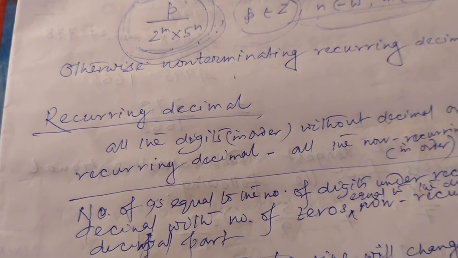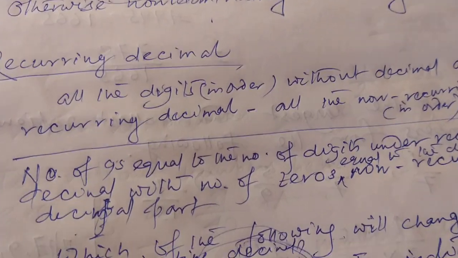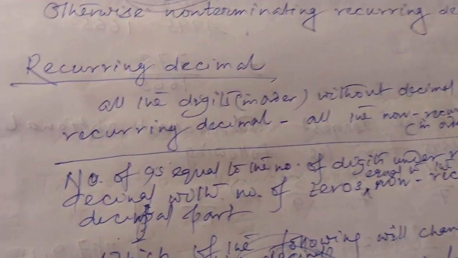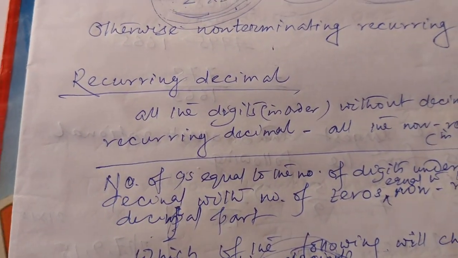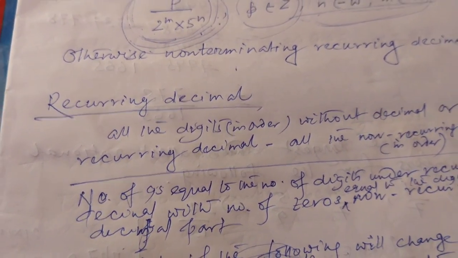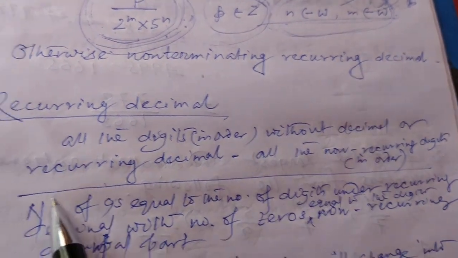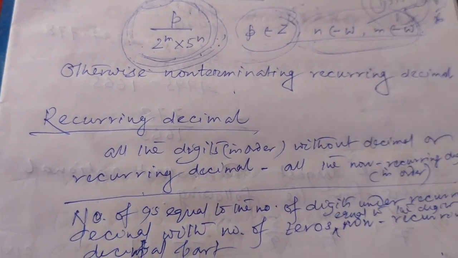So how to change a recurring decimal to a fraction? What is the number given? We'll copy that. Then we'll write all the digits in order, without the decimal or the recurring symbol.